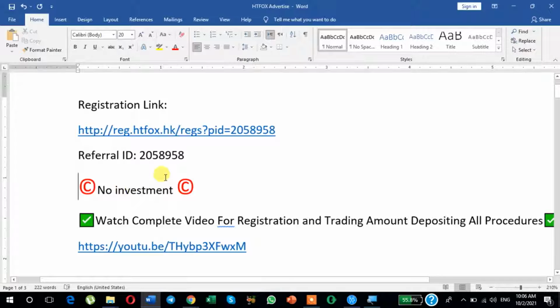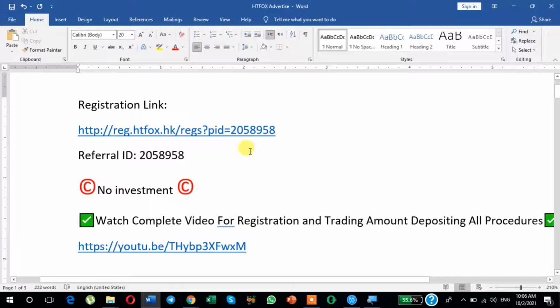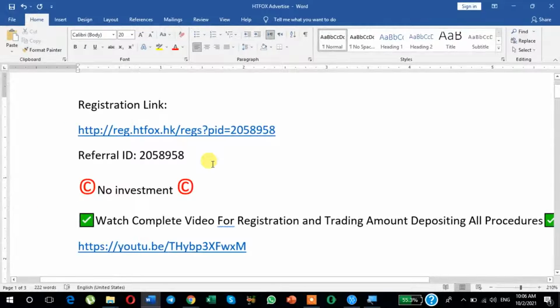Both variants you can use. You can just click here, and you can use it on the Google Chrome browser, or you can also download the HTFOX app from the Play Store. It's totally up to you.